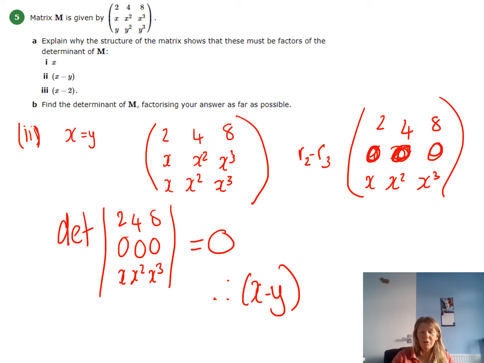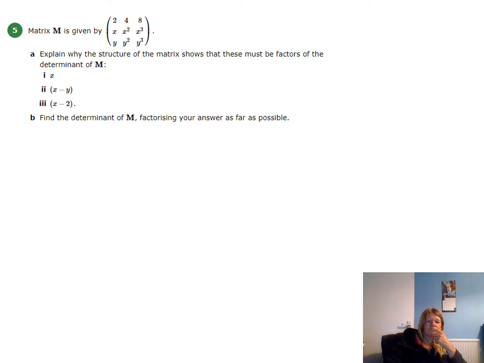Right, part 3. It's not quite like the one we did on the screen, I don't think. Just pull x out, wouldn't you be very tempted? That wouldn't help with the next bit.